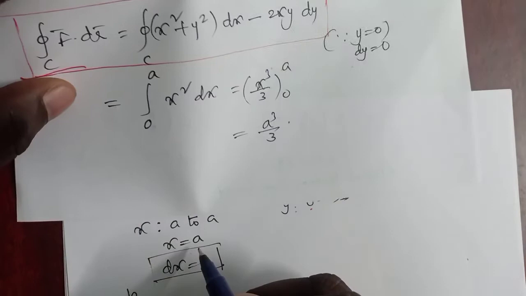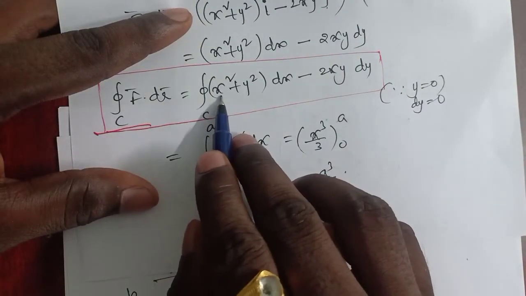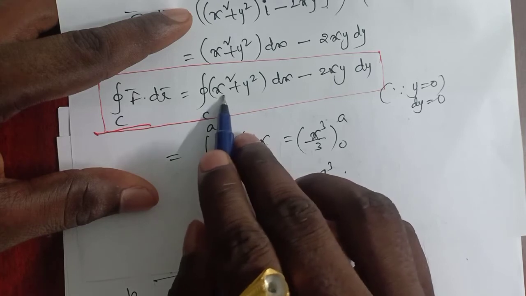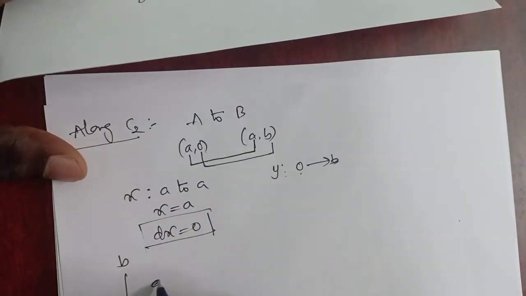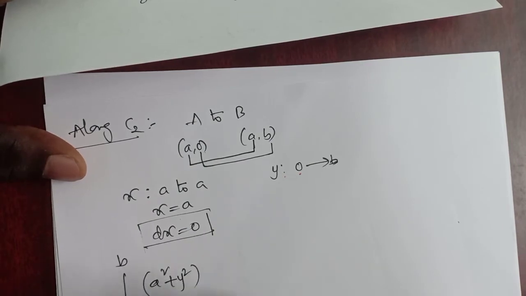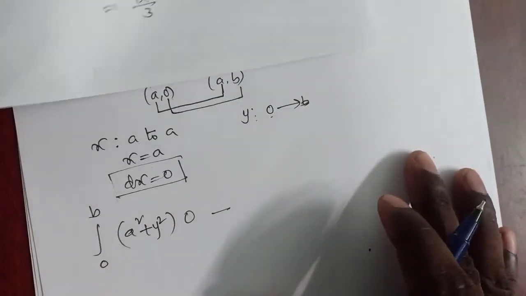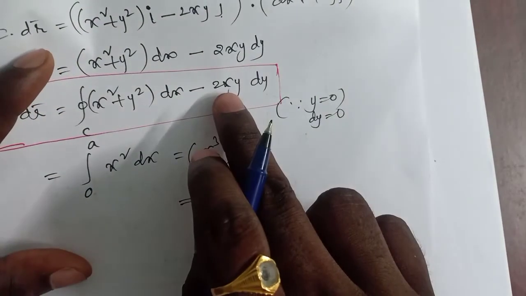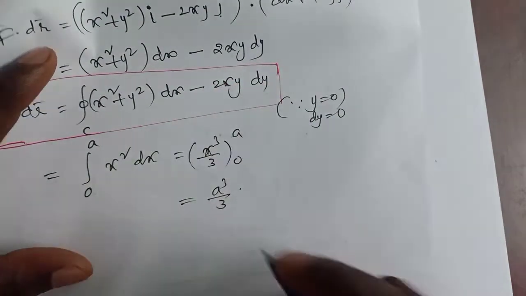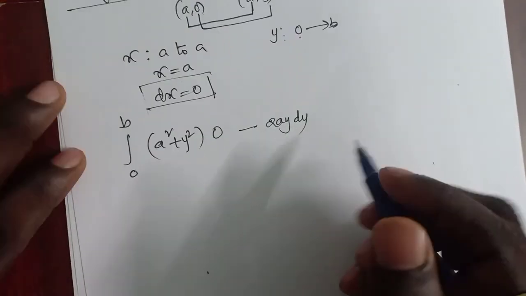Here what is x, a, so in place of x we substitute a, so it is a square plus y square into dx, which is 0, minus x, which is a, so coming to the next one, 2ay dy. Finally we have 2ay dy.